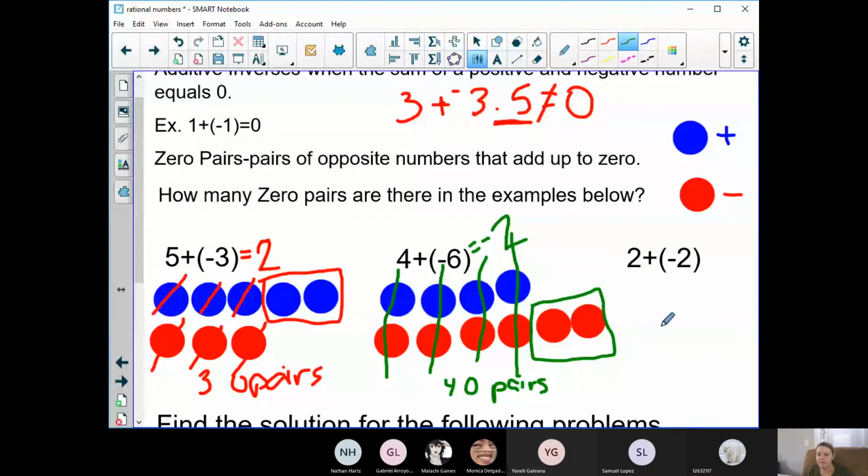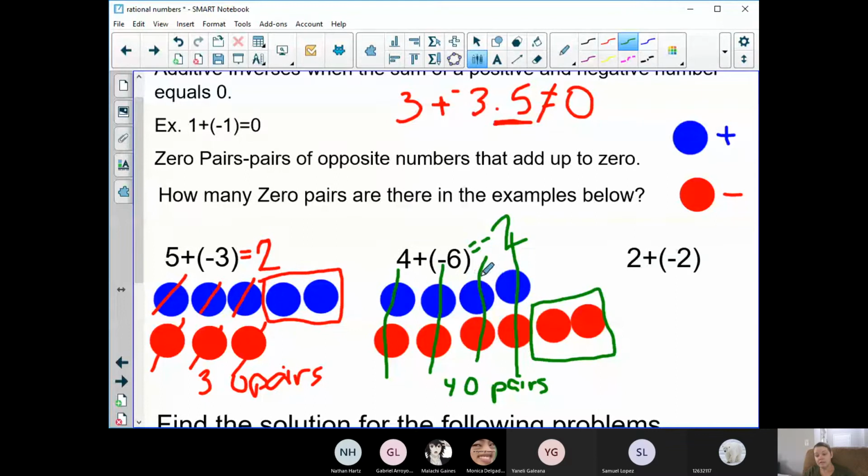There's a smaller amount of positive than negative on the second one, and the first one has more positive. Okay. What does that mean for our answer? Or I guess let me ask it this way.